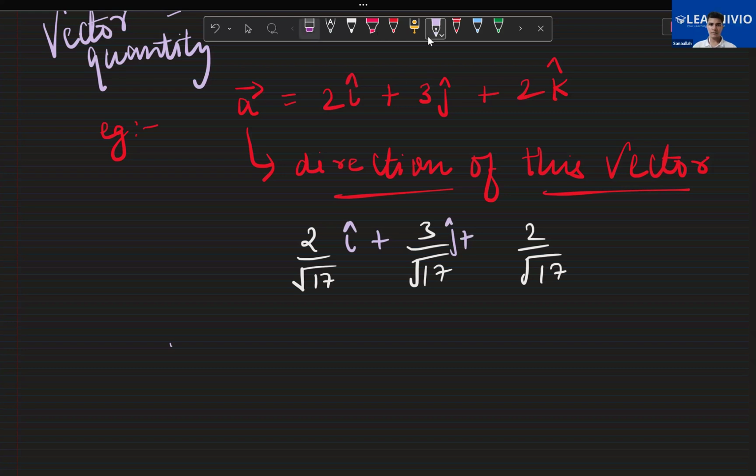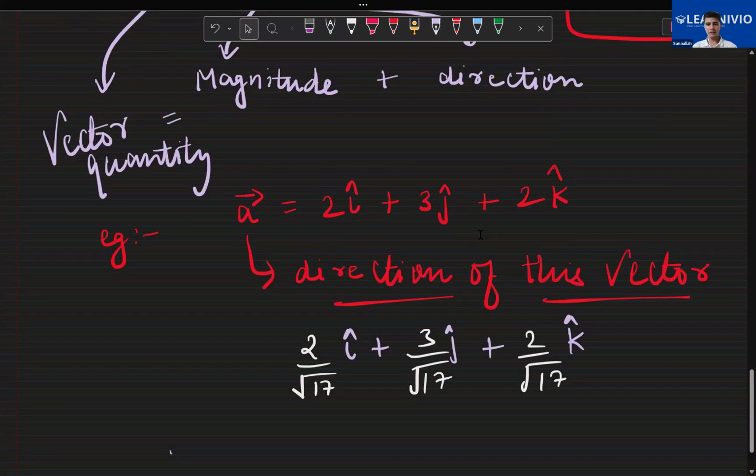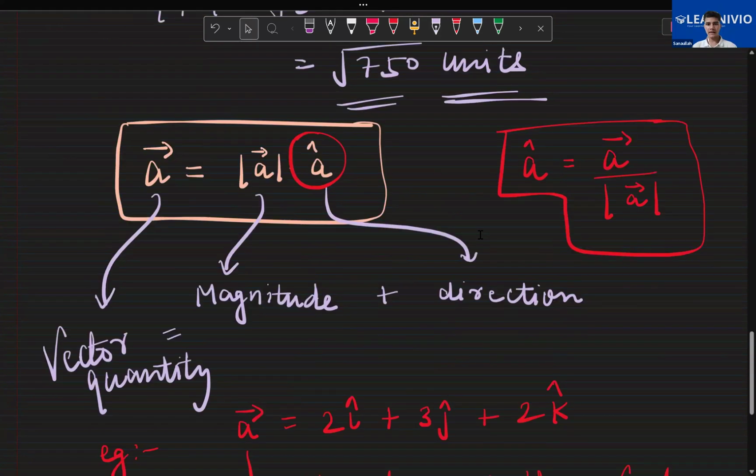All right, good. Okay, so this is the right answer. Are you getting the same answer, Oshi? Yes. Okay, good. So this is how you can find the direction of any vector. Now you know how to find the magnitude of this vector and how to find the direction of this vector.